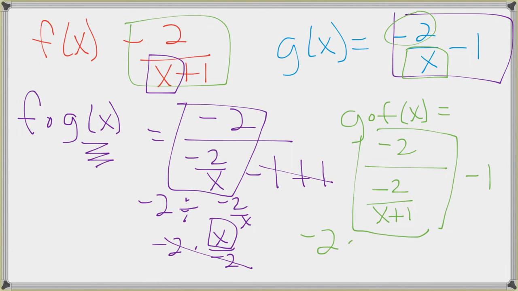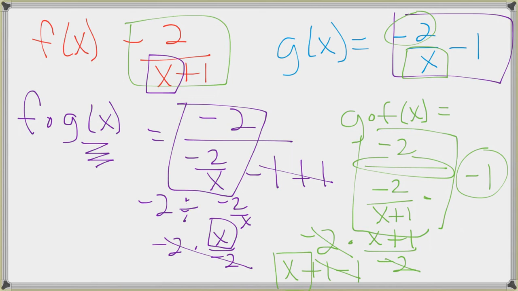So negative 2, when you divide fractions, you keep, change, flip. So we kept the negative 2, changed divide to multiply, and flipped, made x plus 1 over negative 2. The negative 2 on the top and the negative 2 on the bottom cancel out. So you have x plus 1 minus 1. What happens to plus 1 minus 1? It cancels. What's left? Just the x.